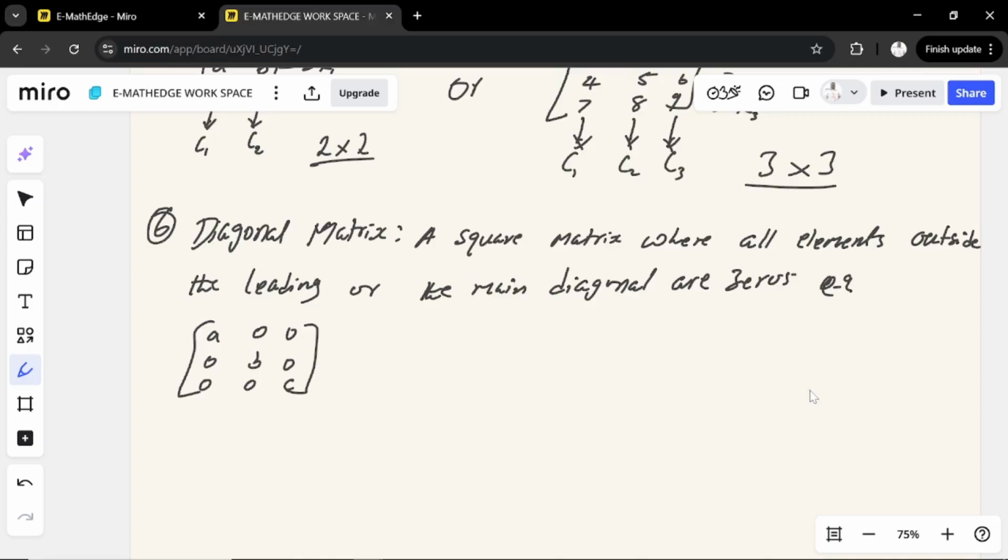So it's a square matrix where all elements outside the leading diagonal or the main diagonal, this diagonal line, are zeros. The main diagonal has elements or alphabets like A, B, and C, while every other element outside the main diagonal is zero.